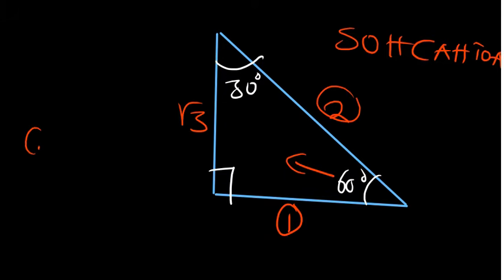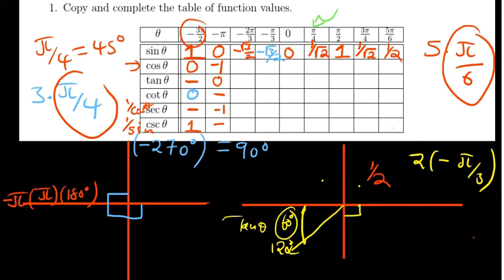So cosine of 60 is equal to 1 over 2, which is actually equal to sine 30. So all students take coffee. So in this quadrant, cosine is only positive in the first and in the last quadrant. So in this quadrant, it's going to be negative as well. So it will be negative 1 over 2.